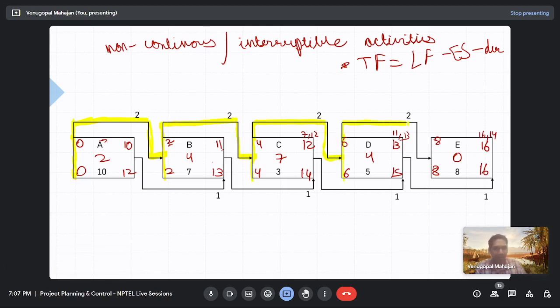So then start of E and then E's finish, completely critical. So in this kind of networks, you will get questions like which of the activities is completely critical, or which activities are only start critical. So I think you can tell from the network itself, right?